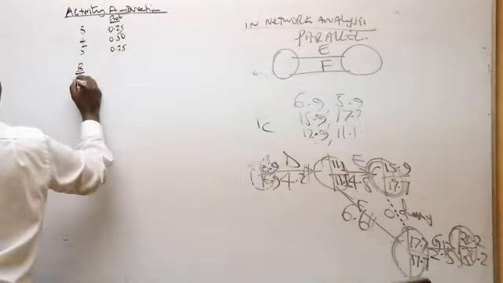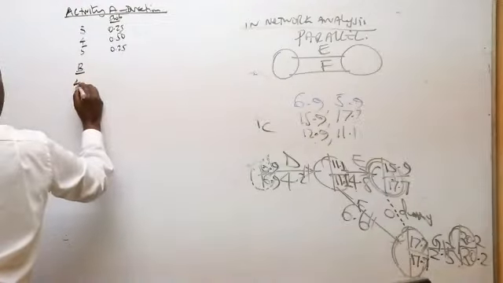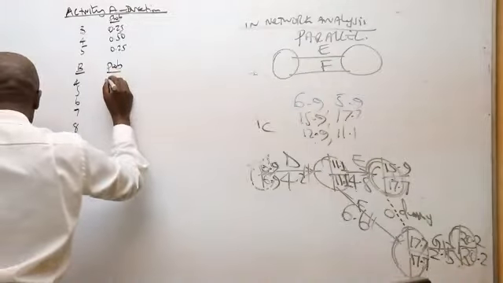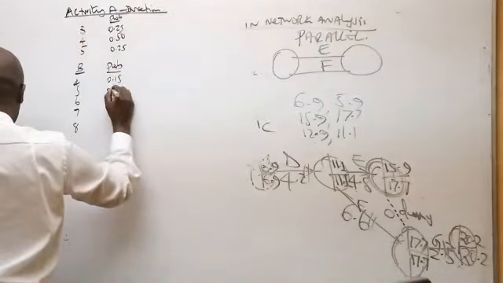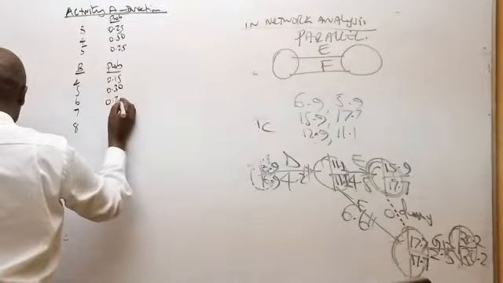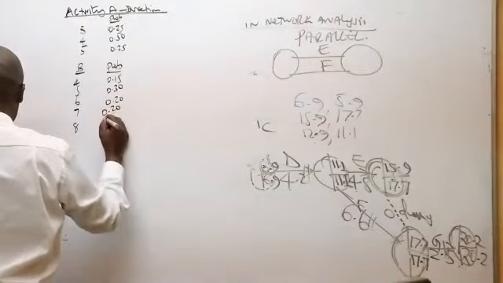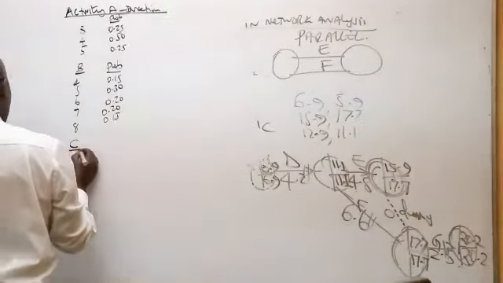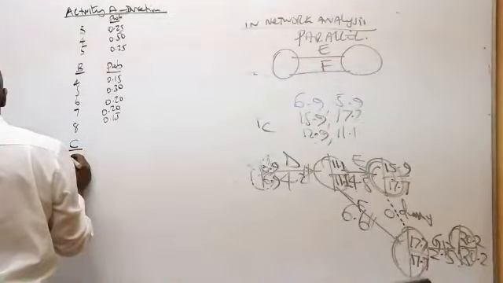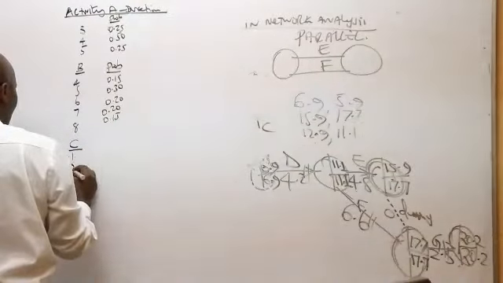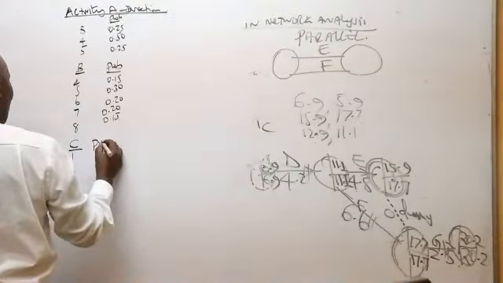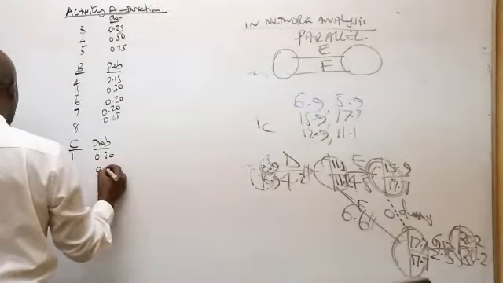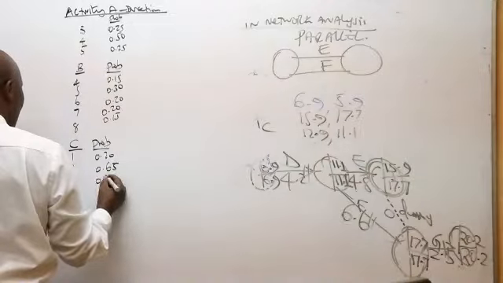Then we have activity B, which could either be 4, 5, 6, 7, 8, with probabilities 0.15, 0.30, 0.20, 0.20, 0.15. Activity C could either take 1, 3, or 5 with probabilities 0.20, 0.65, 0.15.